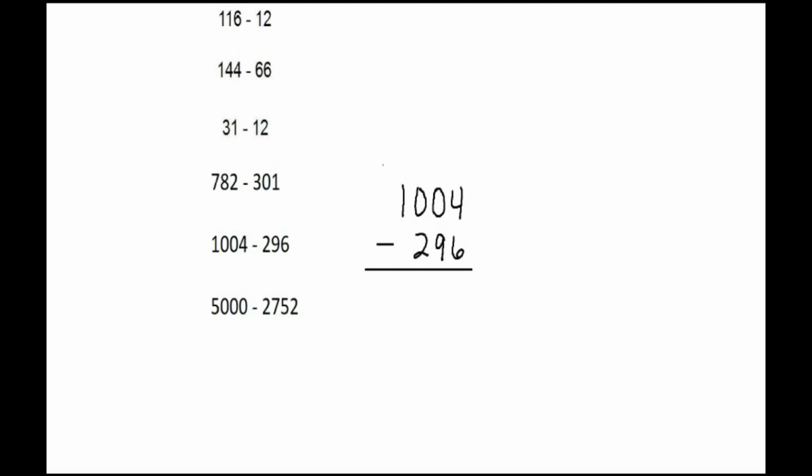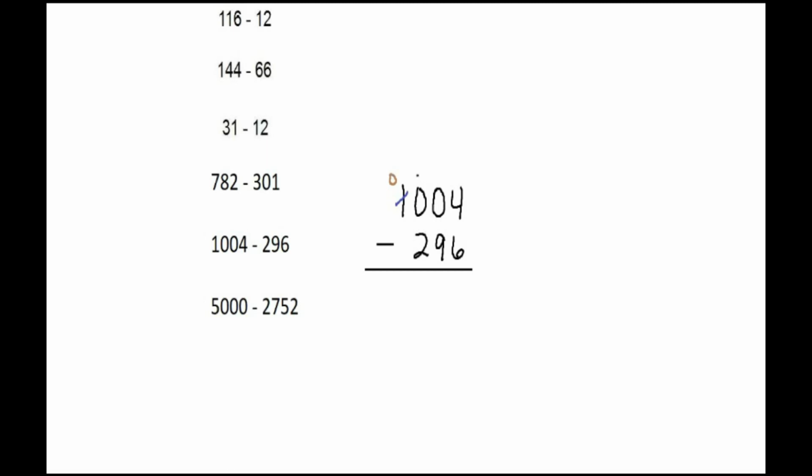To borrow 1, I'm going to cross out the 1. And because we borrowed 1, we are left with 0. And the 0 goes here at the top. And the 1 we just borrowed goes here over the 0.